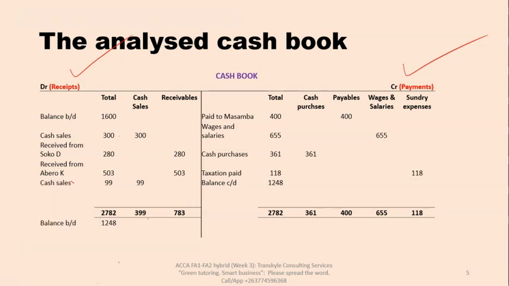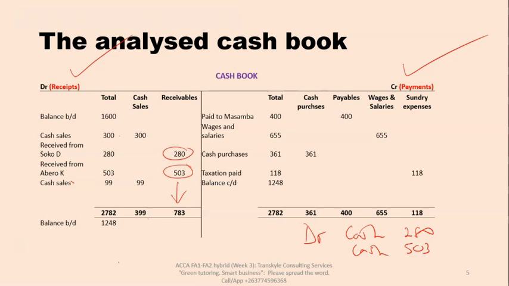As for the receivables, what was recorded was the amount which these customers paid. So Soko D paid 280 and Aberoke paid 503, and this total is what is going to be reflected. So the cash book only recognized this entry: debit cash of 280 and also cash of 503.